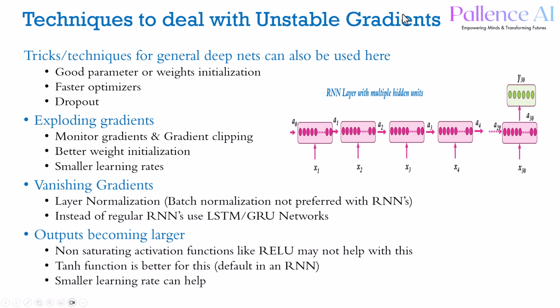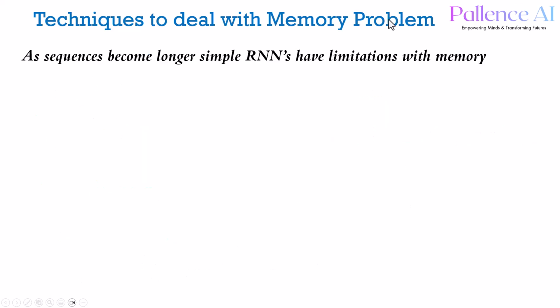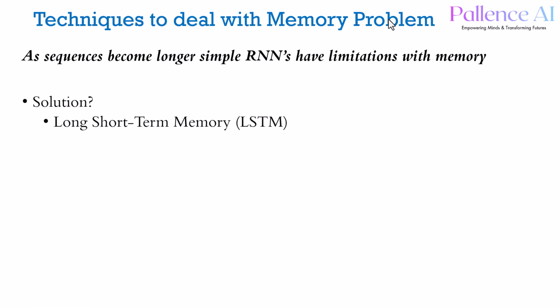So what about the techniques to deal with memory issues? Let's take a look. Again, as sequences become longer, simple RNNs have trouble remembering the earlier portions of a very long sequence. So what is the solution? Well, we can use a variation of RNNs called long short-term memory and gated recurrent unit, LSTM and GRU.